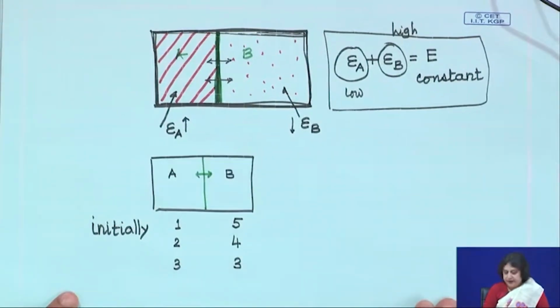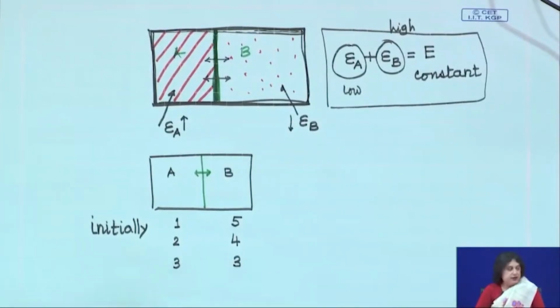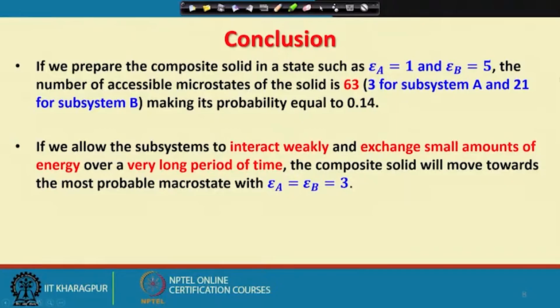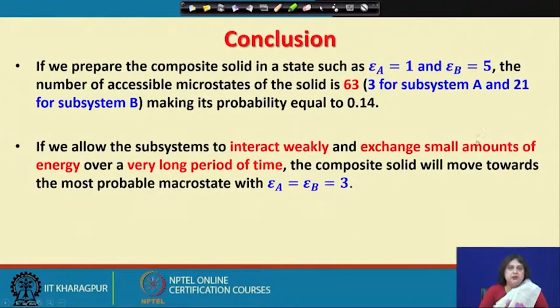Then the question we are asking here is, if we allow this weak exchange, the composite system will move from this less probable state, where it had a probability equal to 0.14, to some other macro state. So, in which direction will it go?